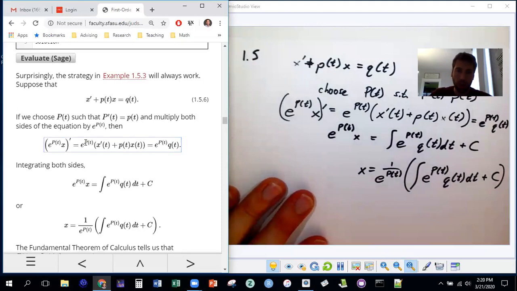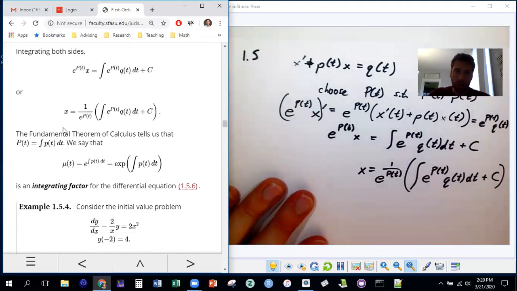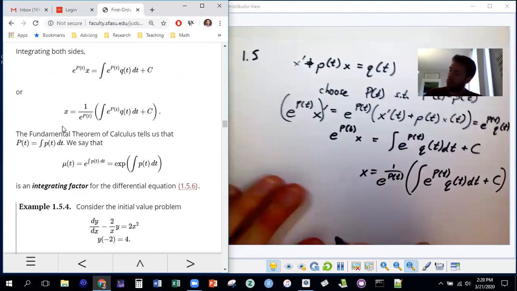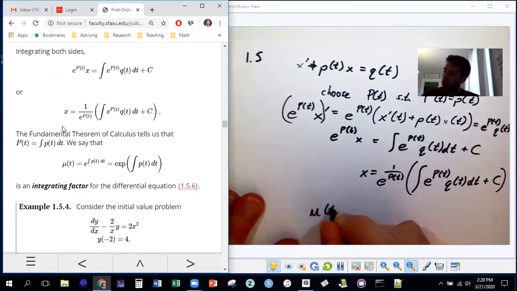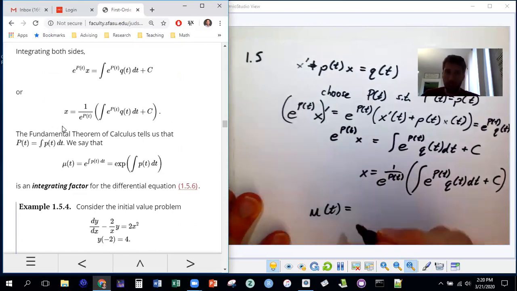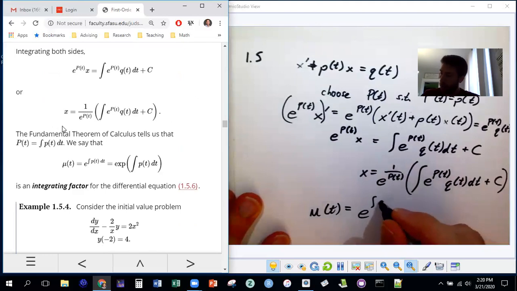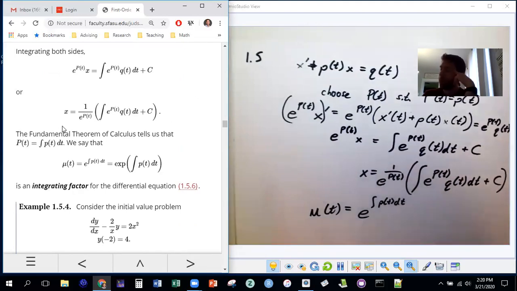Now, what we call this, mu of t, is called the integrating factor, e to the integral of little p of t dt. And then something we do in math is that when we get so much going into exponents, where we have to use a smaller font, sometimes it's simpler.